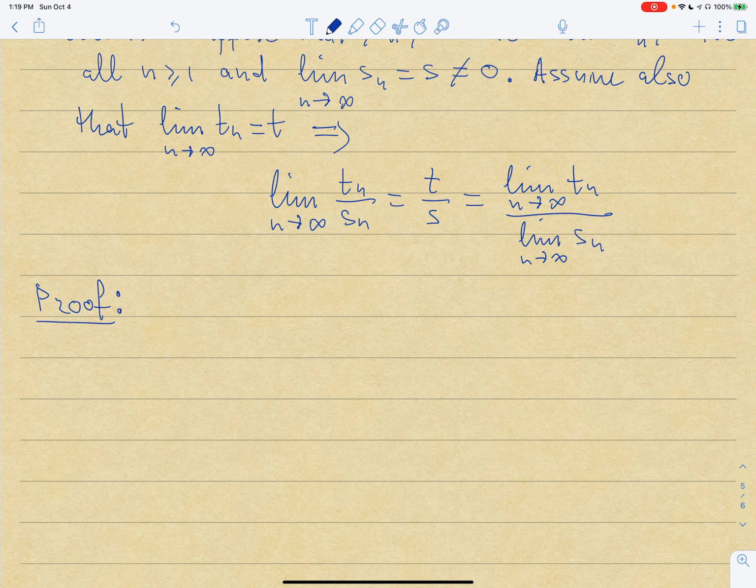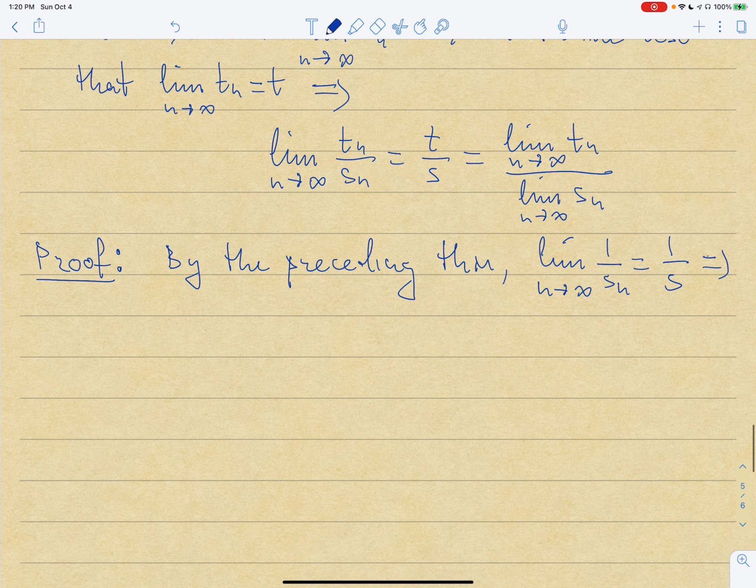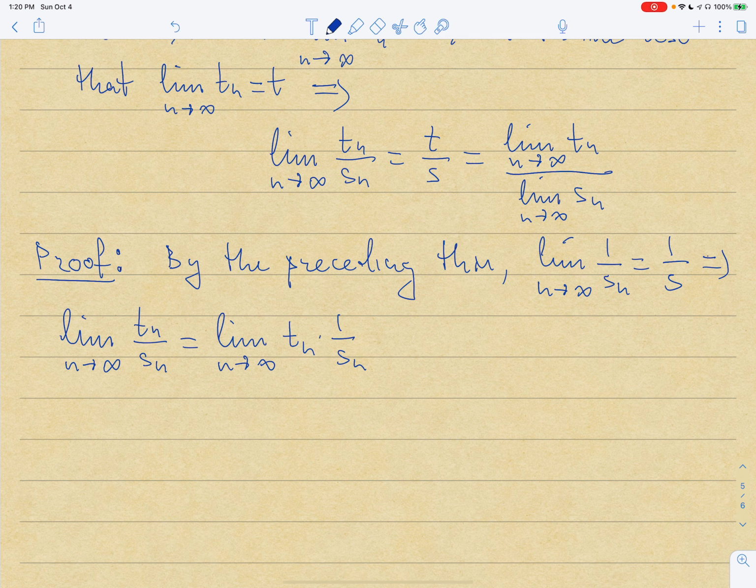So, first of all, by the previous theorem, we have that the limit as n goes to infinity of 1 over Sn is equal to 1 over S. And so then the limit as n goes to infinity of Tn over Sn, I can represent as the limit as n goes to infinity of Tn times 1 over Sn.